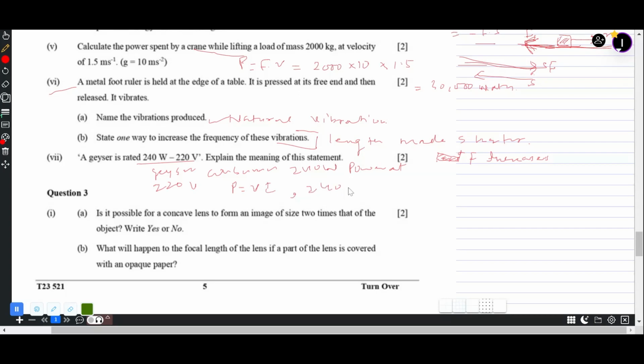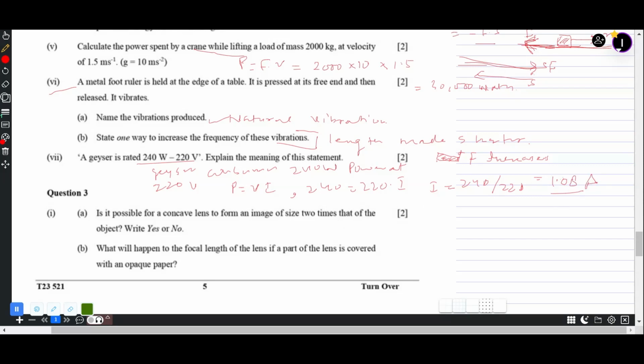That means 240 is 220 into I. So current at that point will be 240 over 220, which is about 1.08 ampere.